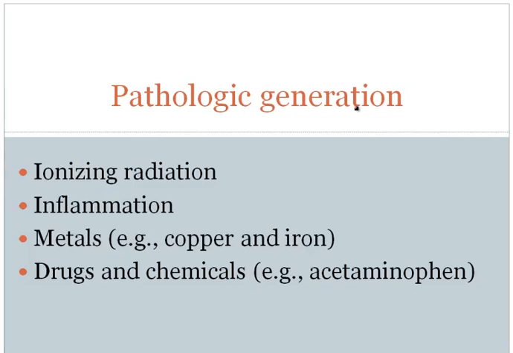All right, another example of pathologic generation of free radicals are drugs and chemicals. Acetaminophen is a very classic example, especially from pharmacology. Acetaminophen goes to the liver, it gets converted by the P450 system, and free radicals are generated in the process.